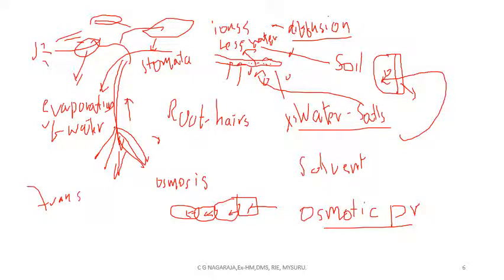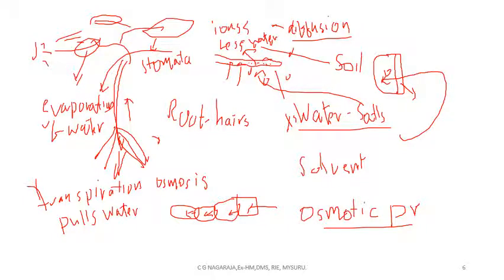Transpiration means throwing out of water in the form of water vapor from the leaves through stomata, and this transpiration also exerts a pressure, and it pulls the water upwards. It pulls water from the xylem, and that is called transpiration pull.